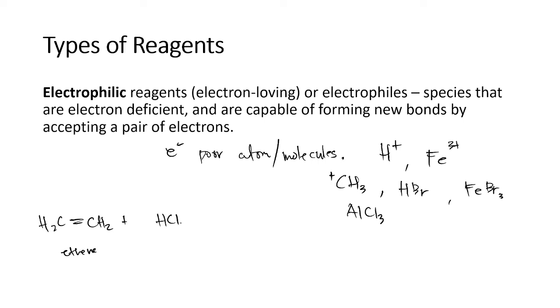For this reaction, as you may notice, we actually have here our electron rich reagent, but what is it that makes this an electrophilic reaction between our ethene and hydrochloric acid? So basically, the product of this will be an ethyl chloride.